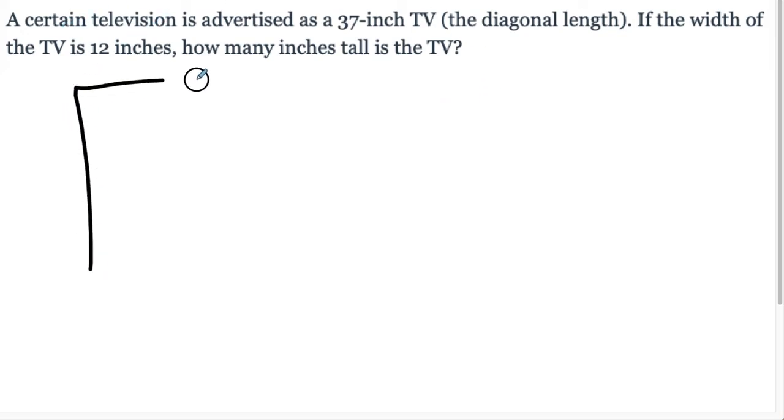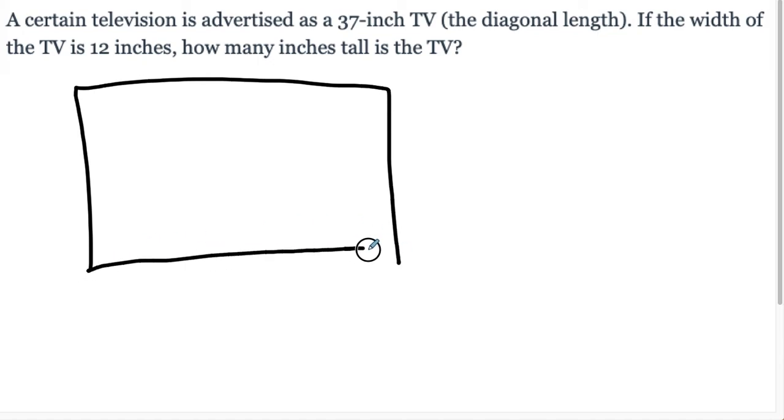So here's a TV, and they always do this when they measure TV's diagonal lengths. It says a certain television is advertised as 37 inches diagonal. So every time it's advertised as a 37-inch TV, the diagonal length is 37, not the width. So we know that this diagonal length is 37 inches, and you guessed it, it becomes a right triangle.